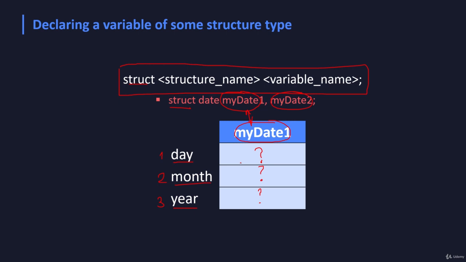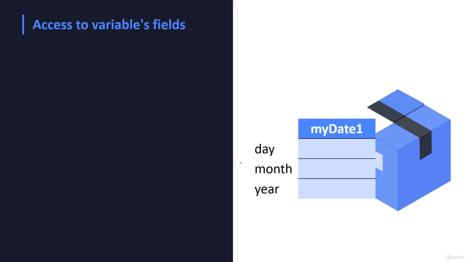All right, and now what I want to show you is how we can access the variable's fields. We created this variable myDate1 with these three fields, and let's think of myDate1 as a new box, a bigger box that contains three smaller boxes as part of a date: day, month, and year.